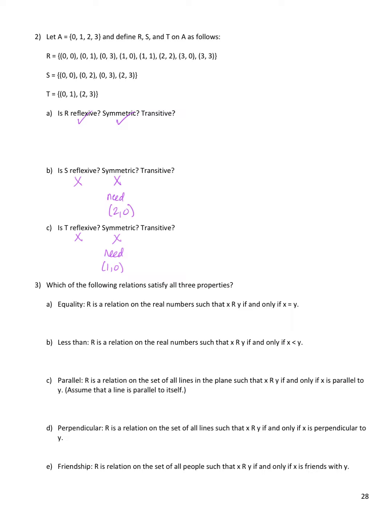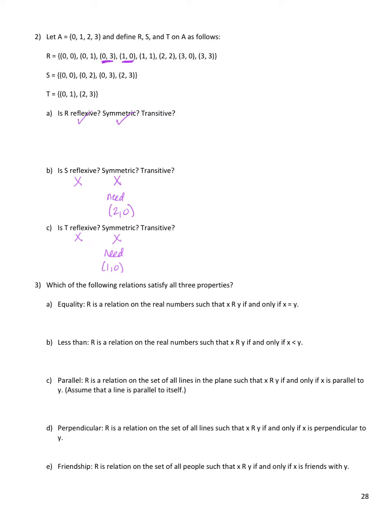So let's see, 0, 1 is in the set, 1, 1 is in the set, and 0, 1 is in the set. So that one's fine. Okay, how about 1, 0 is in the set. 0, 3 is in the set. But 1, 3 is not in the set.